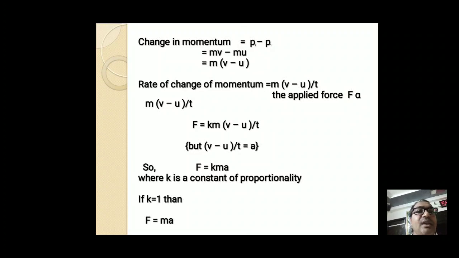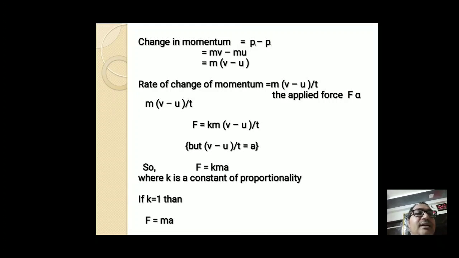Now students, for changing this momentum, it takes certain time. So that is called the rate of change of momentum, which is m into v minus u divided by t. Here t means it takes certain time to increase its velocity. Now the velocity increases when we apply force.